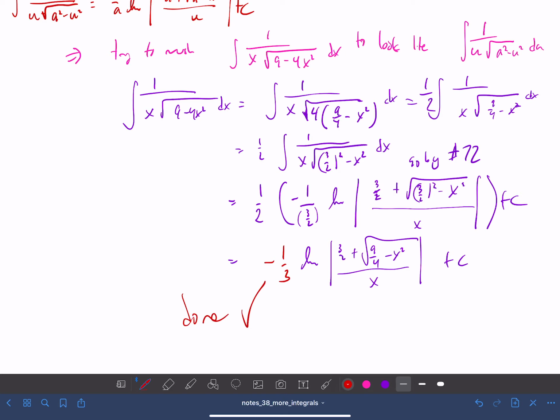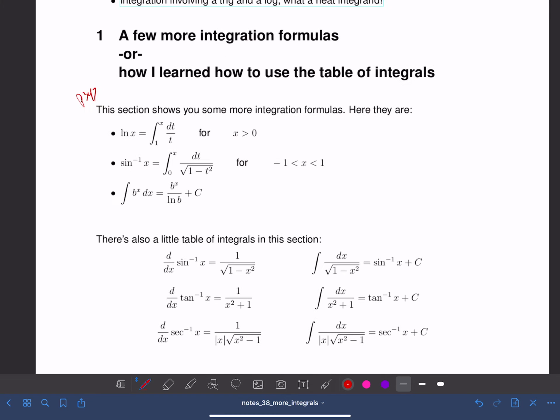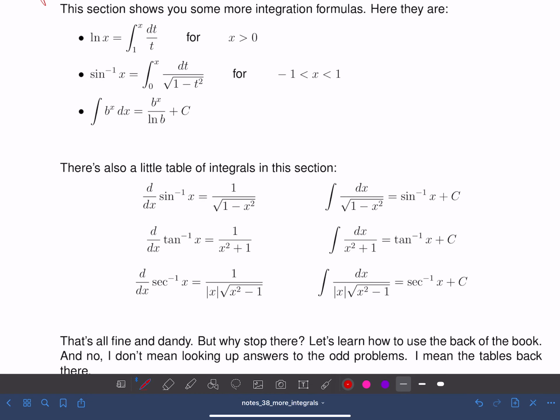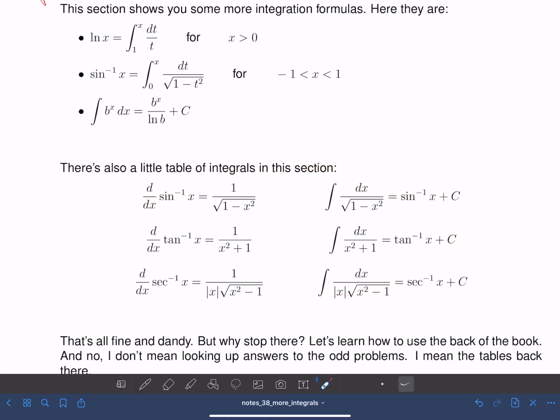Seriously, you just follow the rules and do what the table tells you to do. It's not that bad. This is one of the sections in the book where students resist me, and they're like, why do I need to bother with this? And I'm like, because it's not about these functions, it's about the technique.